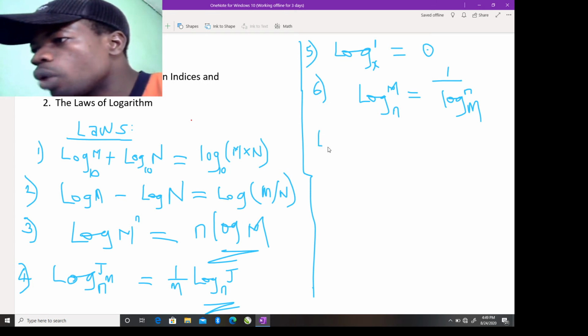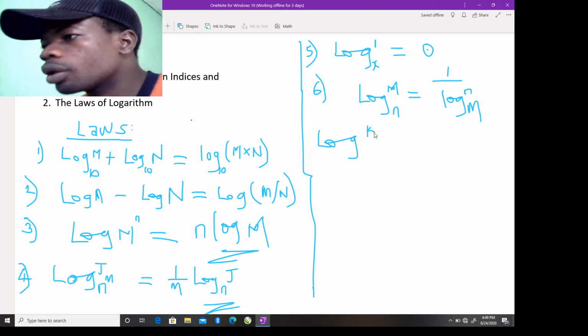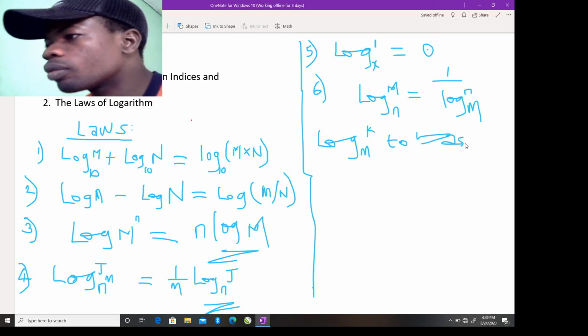This is used when you are changing from one base to the other. For example, you have log k base m, and you have to change this to base c. How do you go?